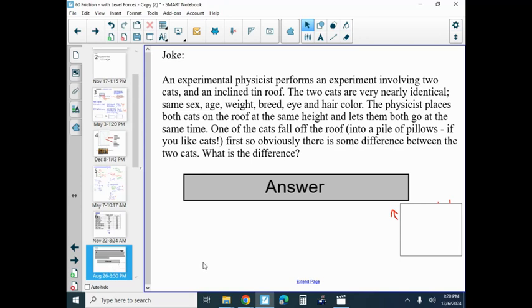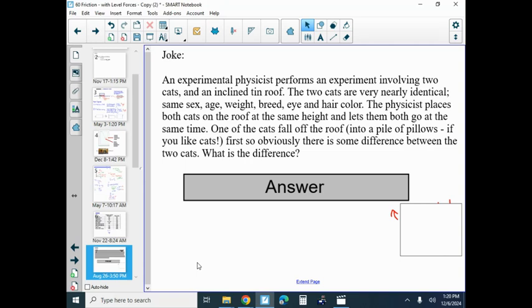So a little joke for you here. An experimental physicist performs an experiment involving two cats that seem pretty similar on an inclined tin roof, slippery, right? The two cats are very nearly the same, the same weight and size and so on, and the physicist puts the cats on the roof at the same time and lets them go. One of the cats falls off the roof first, and so obviously there's some difference between the two cats.